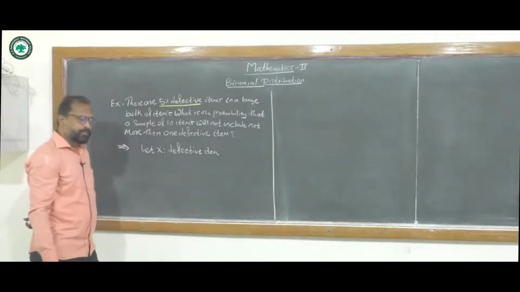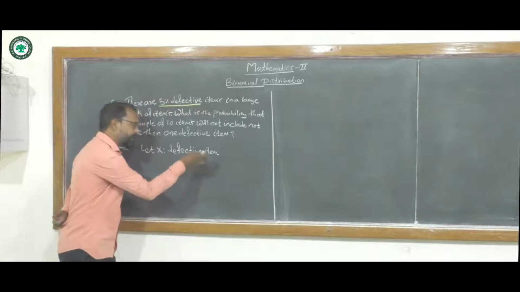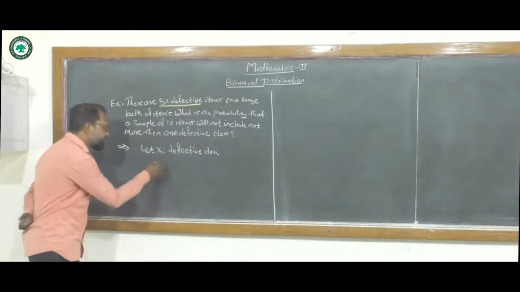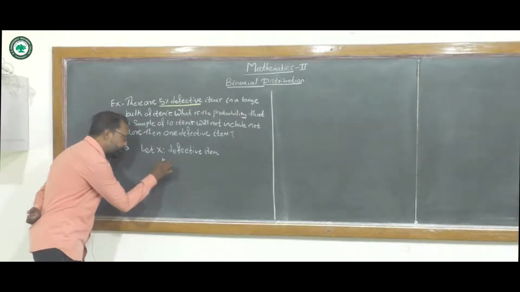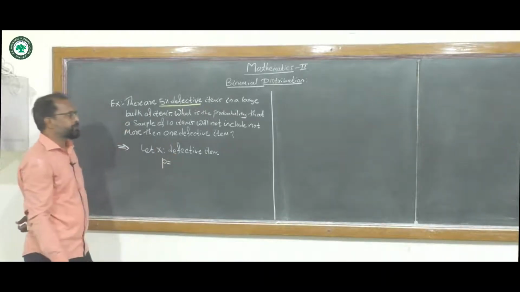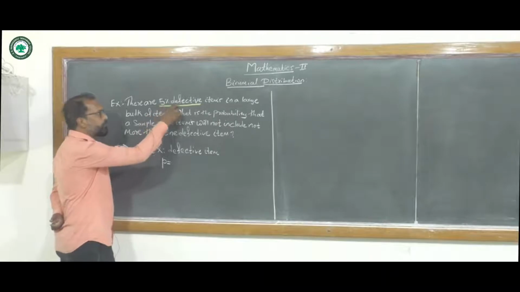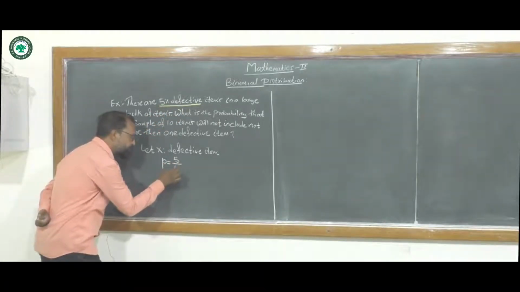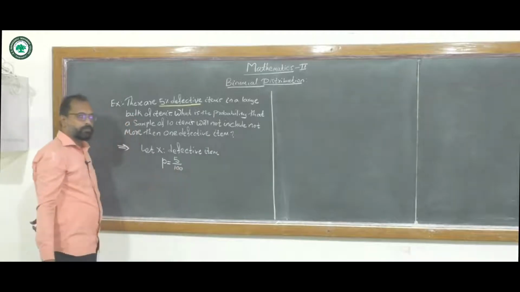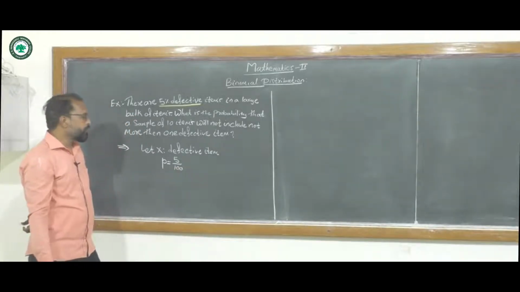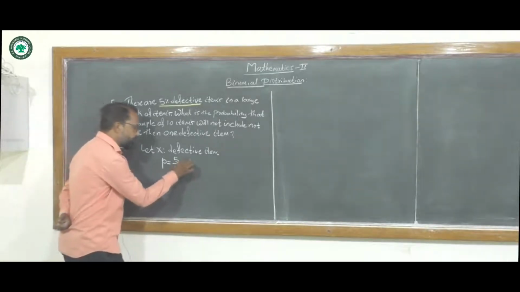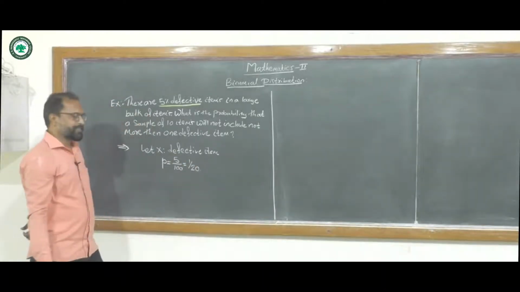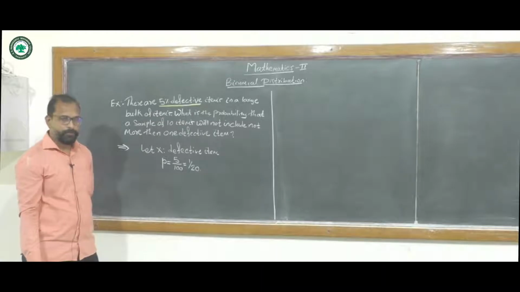Since X is a selection of defective atoms and it is considered a probability of success, we get the probability of success P, which is given to be 5%. Now we know that 5% means 5 out of 100, so it becomes 1 upon 20. So we get the probability of success equals 1 upon 20.